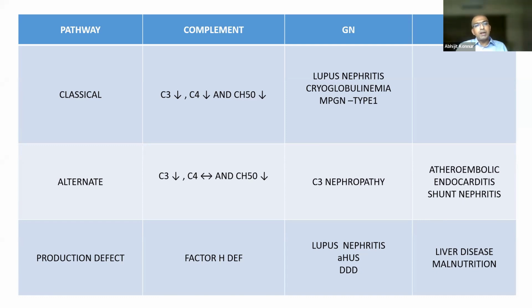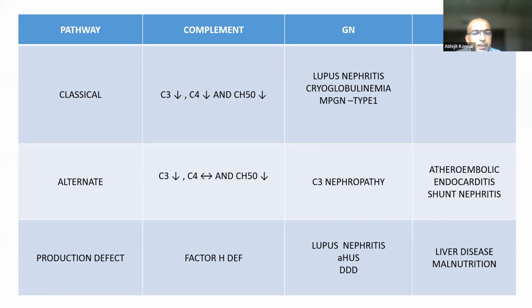If you have depression of only the alternate complement pathway, like the C3, with a normal C4 and depressed CH50, one is probably dealing with C3 glomerulonephritis. And it can also be found in non-glomerular disease like atherosclerotic renal disease, endocarditis, and shunt nephritis.